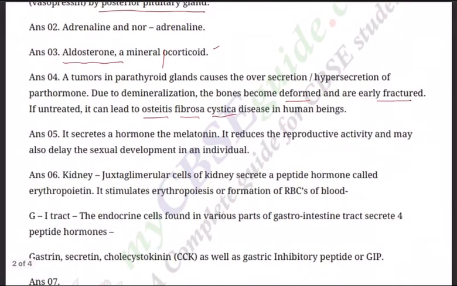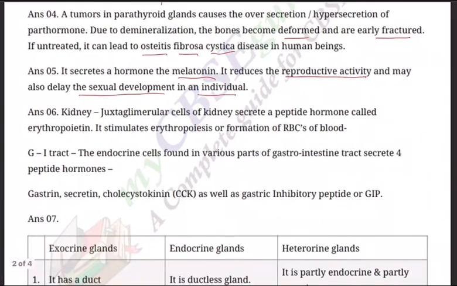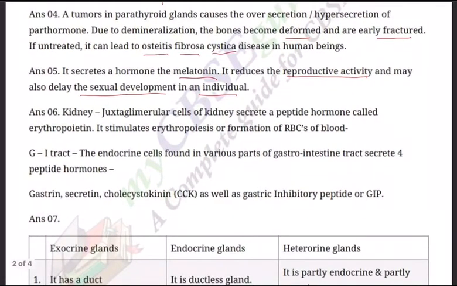Generally we say osteoporosis. Next, question 5. The pineal gland secretes the hormone melatonin. It reduces the reproductive activity and may also delay sexual development in an individual. So that is the role of melatonin.